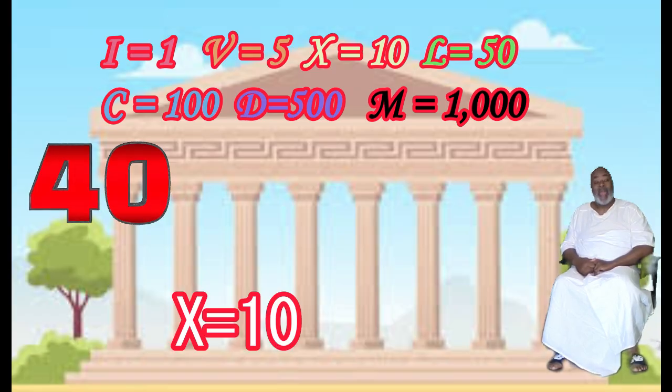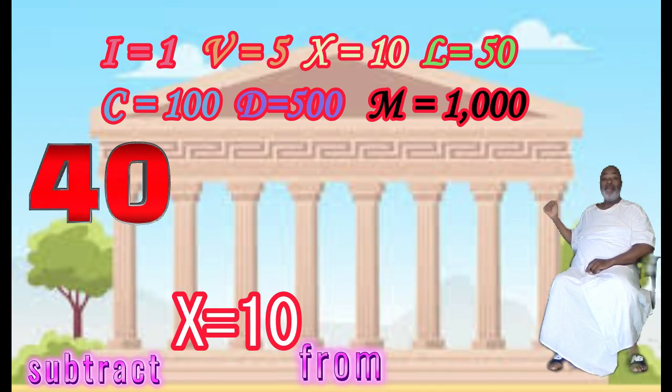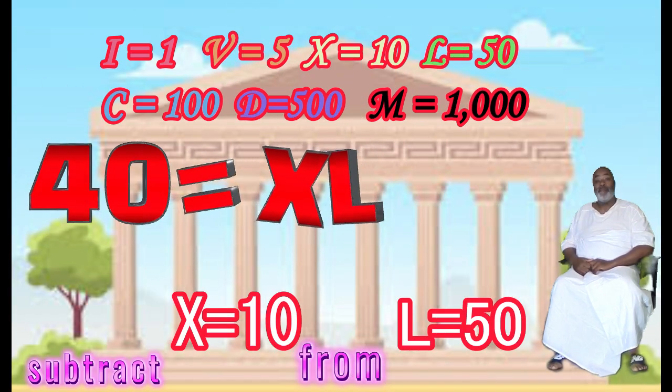That's right, capital X. So that means we're going to subtract 10 from what other Roman numeral we know? That's right, 50. So now we're going to subtract 10 from 50, or X from L. So if we subtract 10 from 50, we know that equals 40.